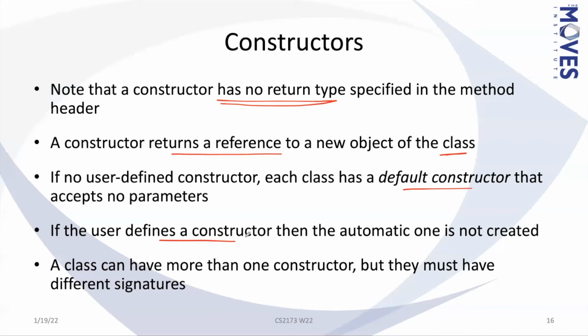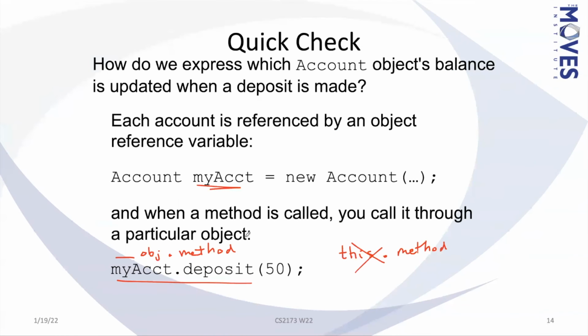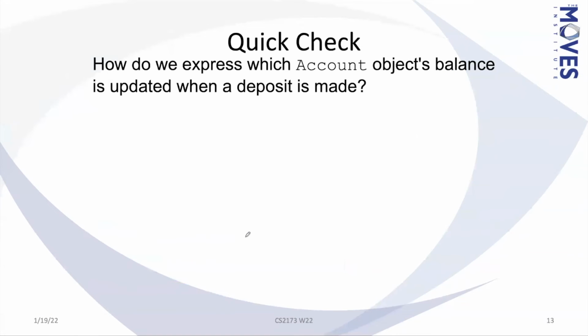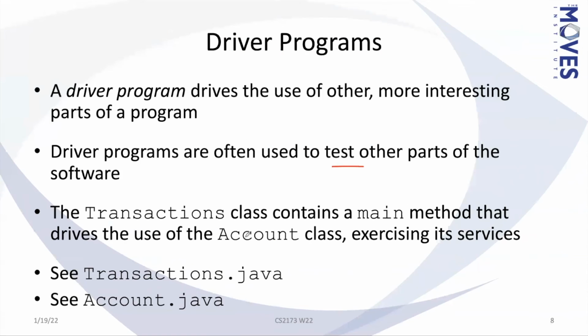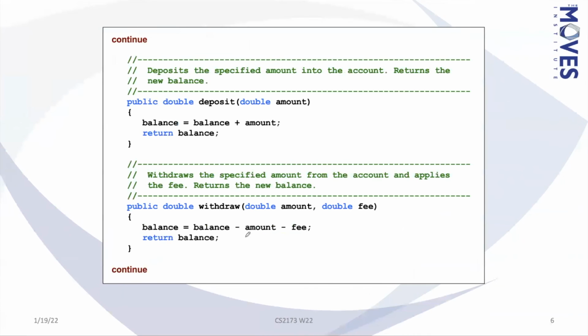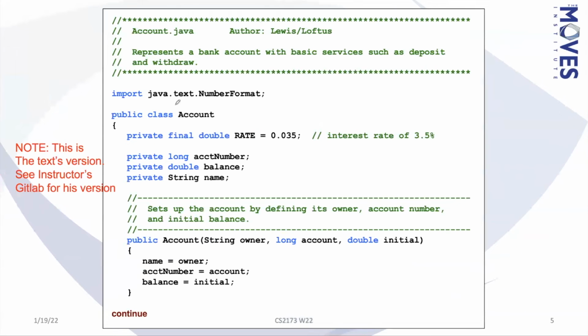So if I want a 0 argument constructor in addition to, let's say, for whatever reason, in my account, where's my UML? Okay, if in addition to this constructor, I also wanted a 0 argument one, for whatever reason, I would have to explicitly do that.